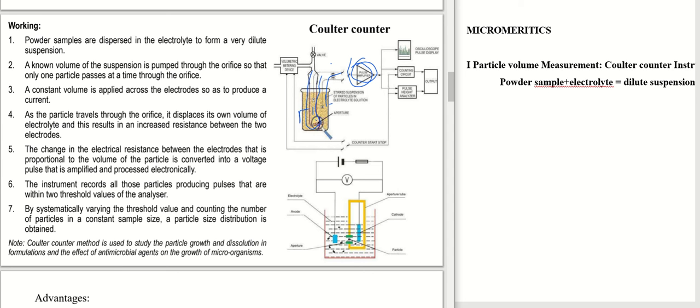If our sample, as an individual particle, is sent through the orifice, this particle will displace electrolyte solution from the tube. So there will be some deflection in the voltage because of this displacement of the electrolyte, which is read as some resistance change between the electrodes.